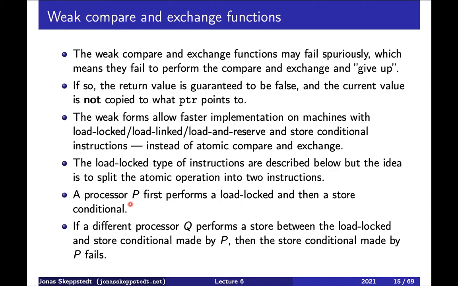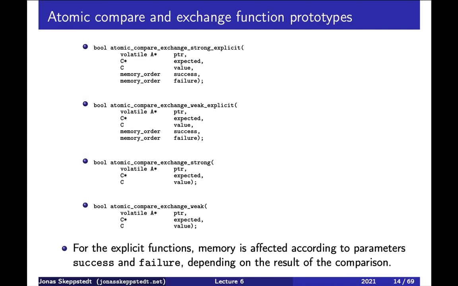So in that case, this weak version returns false, and we have to do it again in a loop.